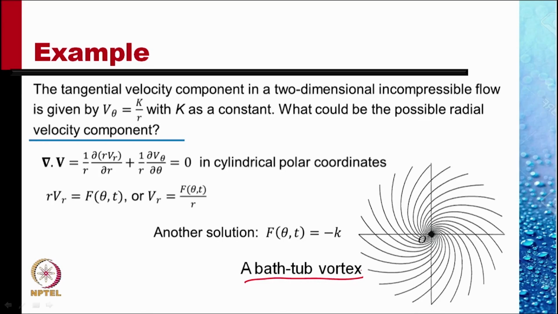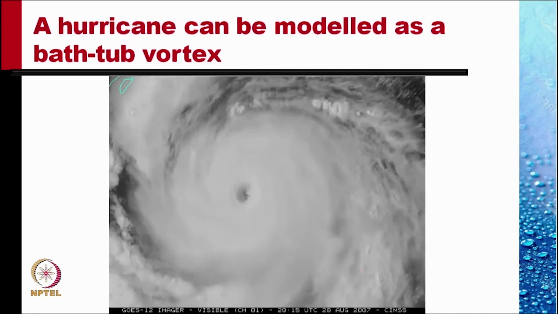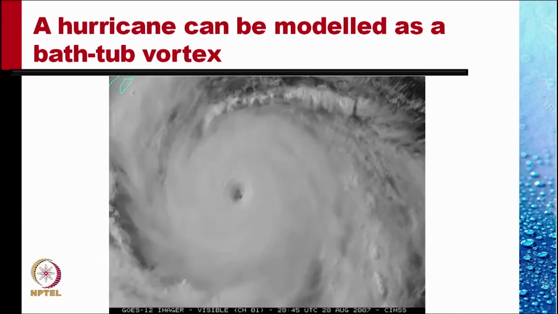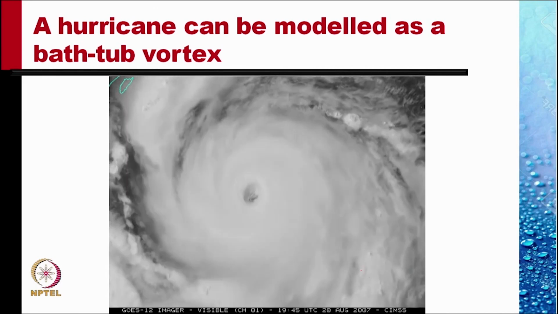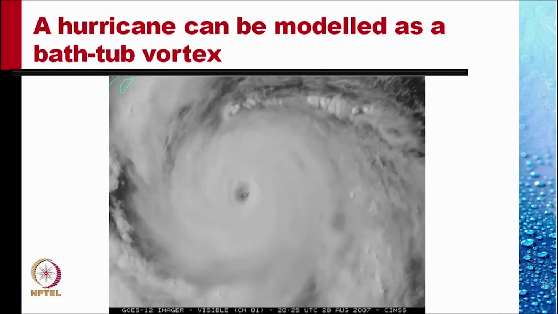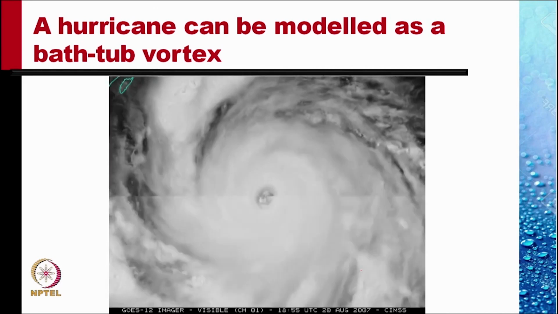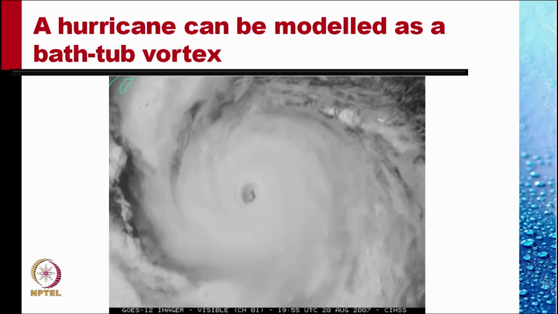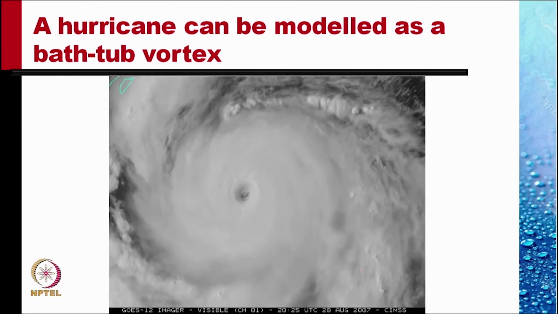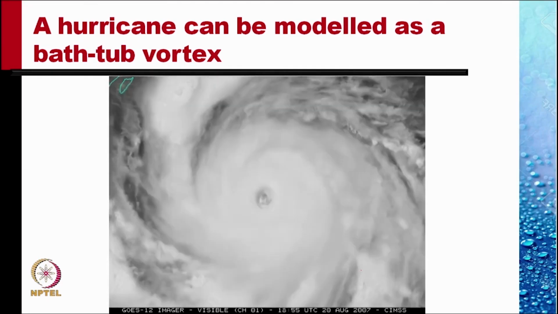An example of a bathtub vortex is a hurricane. A hurricane can be modeled as a bathtub vortex. The fluid is moving circularly and there is a component of velocity towards the center of the hurricane.